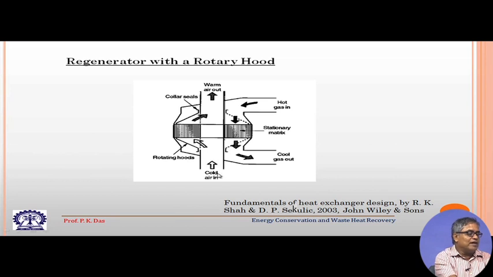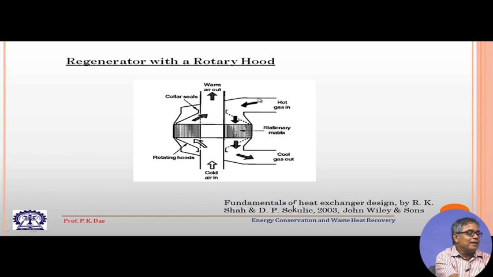When it is on this side, let us say cold air is coming in, and then the cold air has to go through this path and pass through the matrix material, which is already heated up by the hot gas. So, the cold air will pick up a certain amount of thermal energy, its temperature will increase and warm air will go out. The rotary hood will be on the other side.